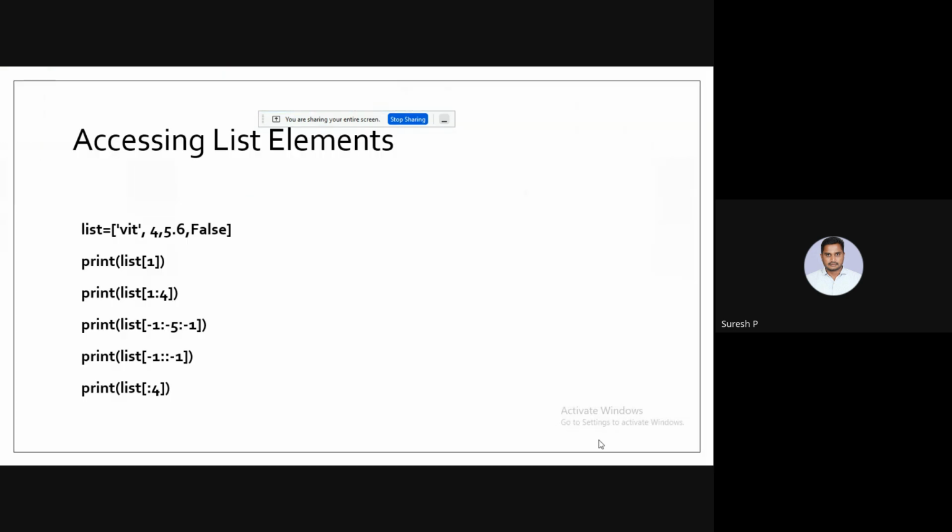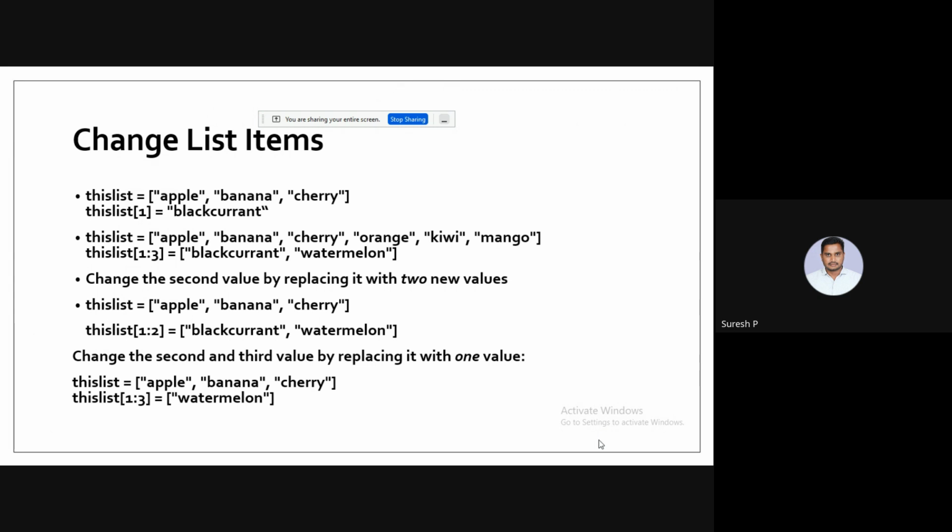So the next one is changing list items. As I said already, a list is a mutable data type, a mutable data structure. We can change the list elements, or list items. So first, this list has been created: list equal to apple, banana, and cherry.